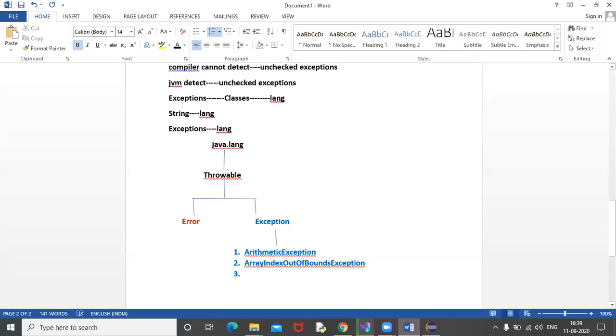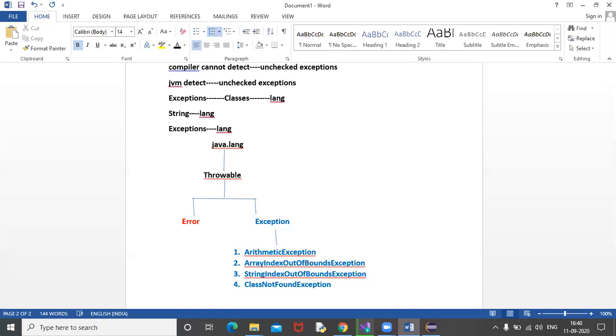Similarly, string index out of bounds exception, and then class not found exception. Majority of the exceptions we will practice.